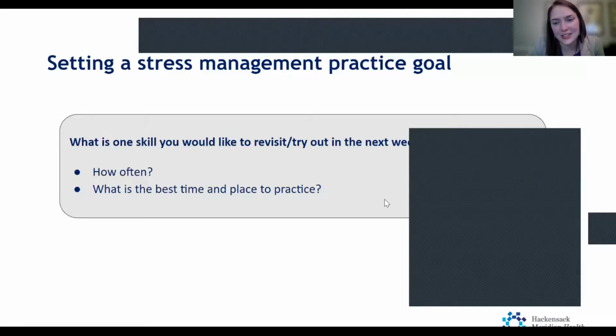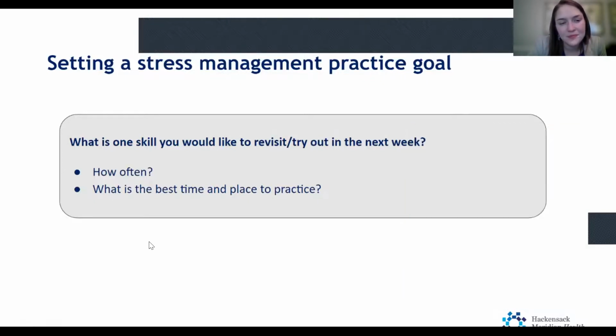Great, so I see mindfulness, that's one to revisit in the next week. As you're thinking about this, think through how often you might want to practice, and when's a good time.